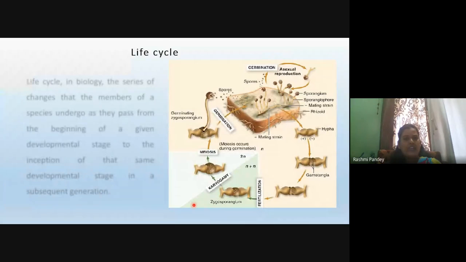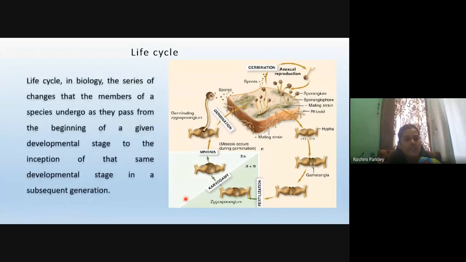All those events which are happening in the life of a fungus, they all are depicted in a circular form, starting from one point and again coming back to the same point in a life cycle. That would be termed as the life cycle of any organism. This is pretty clear. In lower organisms, there has to be an asexual phase and a sexual phase, both included in the life cycles.